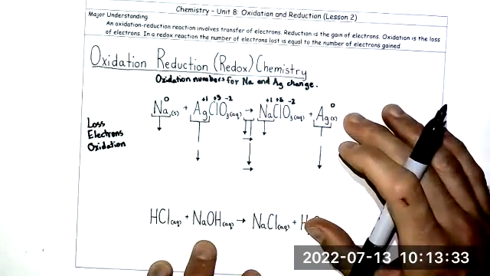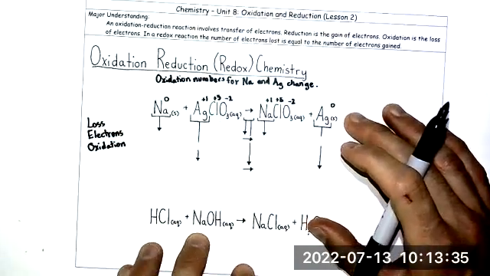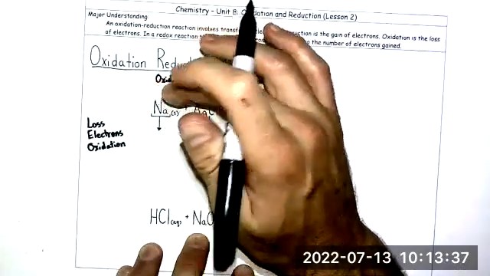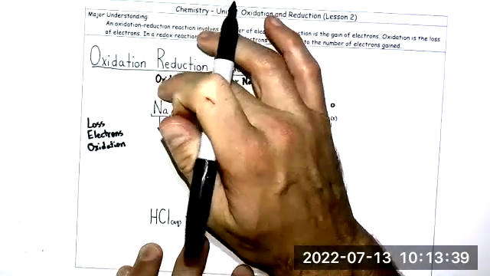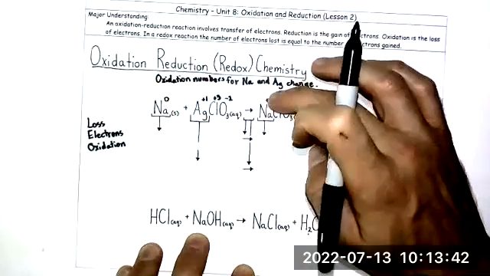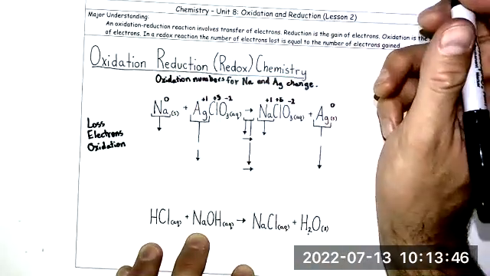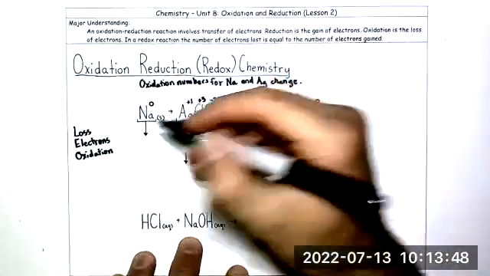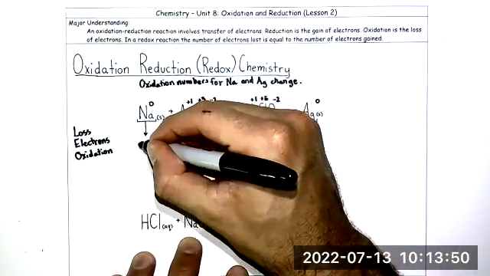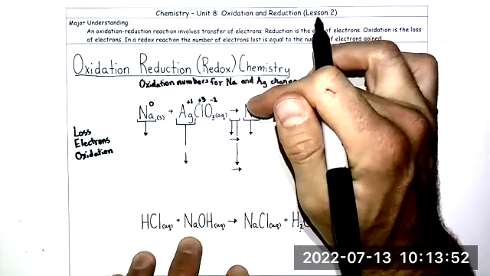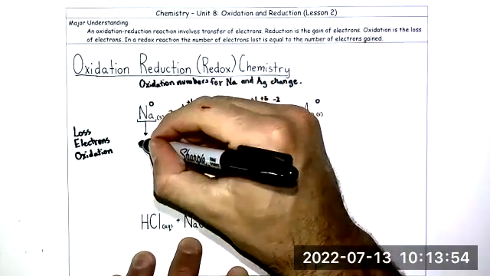Okay. And so if we look at sodium, sodium goes from Na0 to Na+1. And so what actually happens here is it lost one negative electron. Okay, so we're only then going to consider sodium.